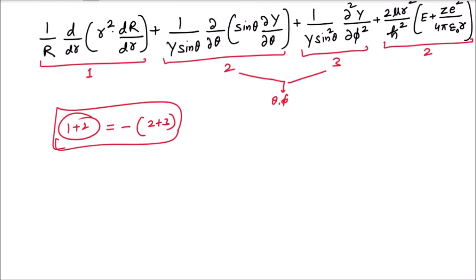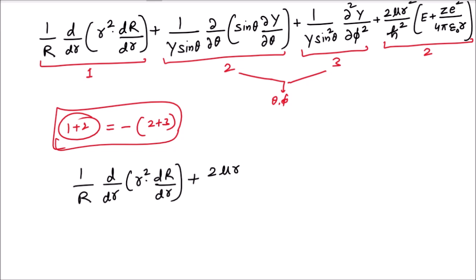So let us take the radial equation, that is 1 upon r d by dr of r square into dR by dr, plus 2 mu r square upon h bar square into E plus Z e square upon 4 pi epsilon naught r, into R, okay.